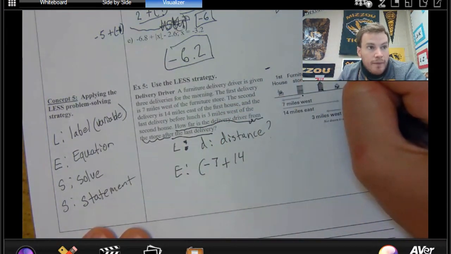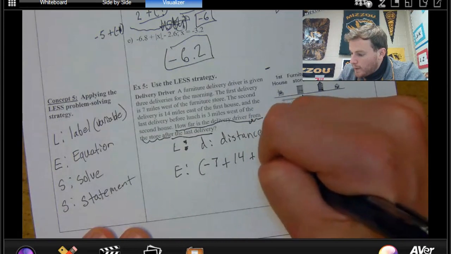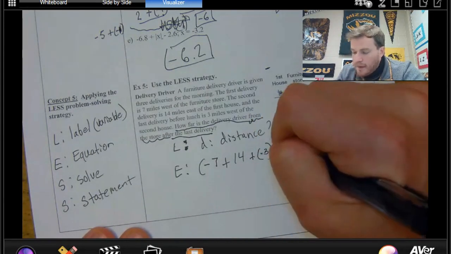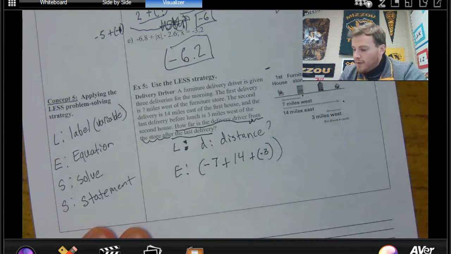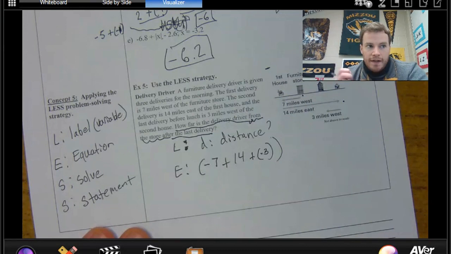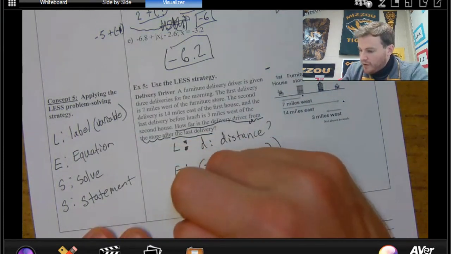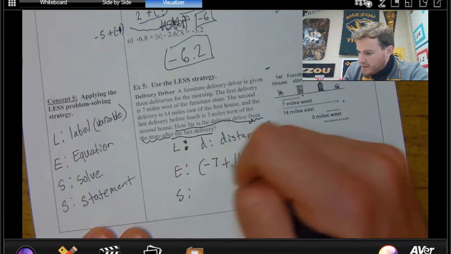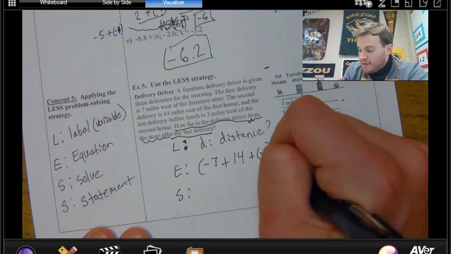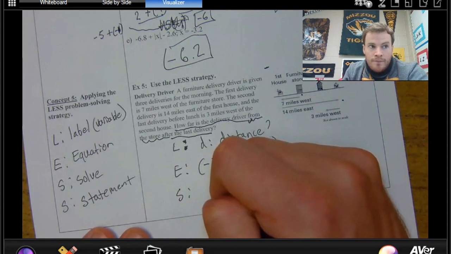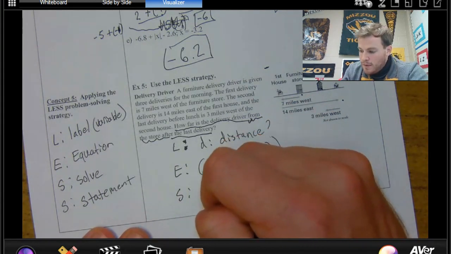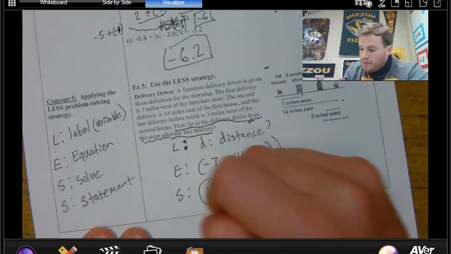Then you went back negative 3. When we solve negative 7 plus 14, that's 7. 7 plus a negative 3 is equal to 4. So we get 4 for the answer there.